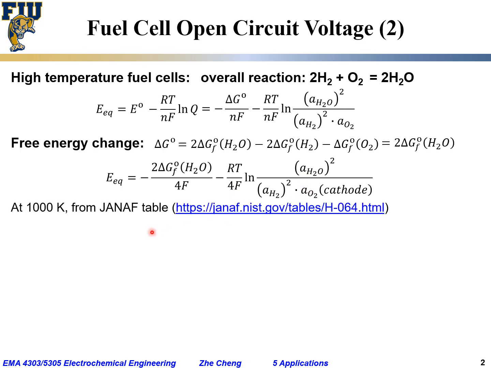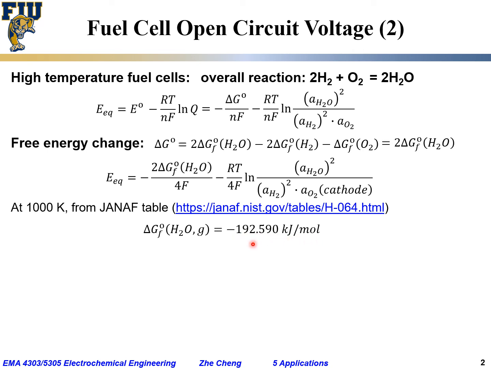Okay? And let's check a hypothetical high temperature fuel cell, say at 1000 Kelvin, 727 degrees C. From thermochemical data, such as the JANAF table, you can check the standard Gibbs formation energy for water in the vapor state, the gas state, would be minus 192.59 kilojoule per mole.